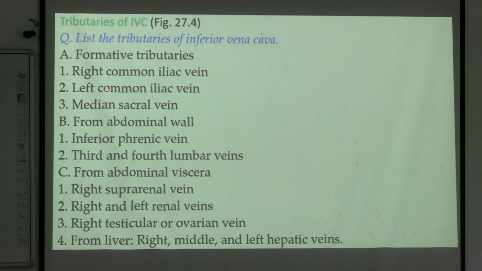Right common iliac vein, left common iliac vein, the median sacral vein from abdominal wall; inferior phrenic vein, third and fourth lumbar veins; from abdominal viscera, right suprarenal vein, right and left renal veins, right and left testicular or ovarian vein; from liver, right, middle and left hepatic veins.